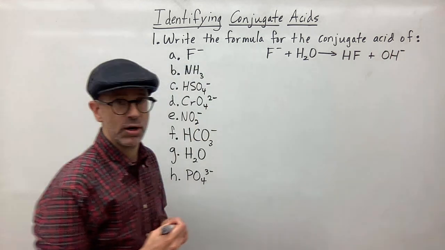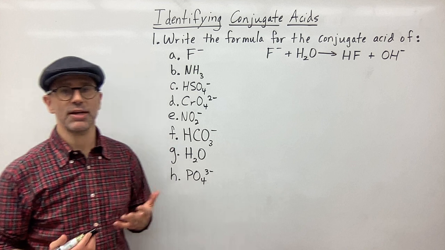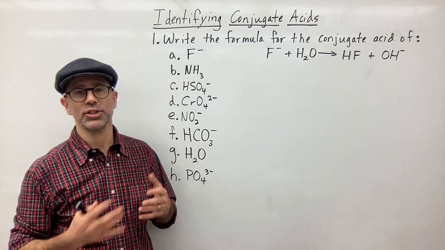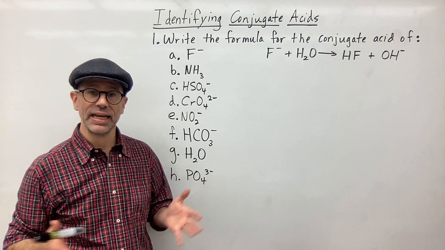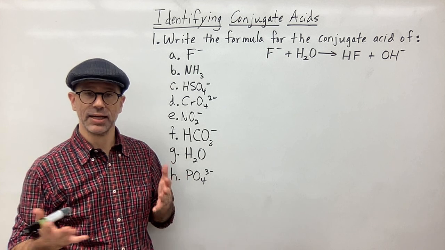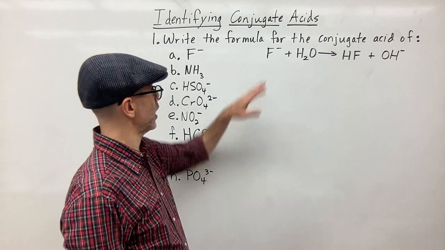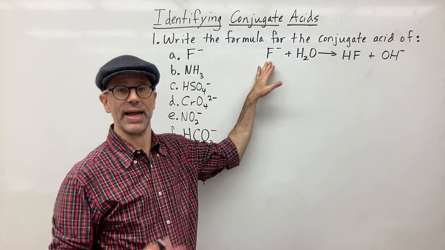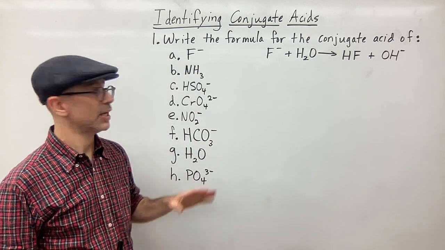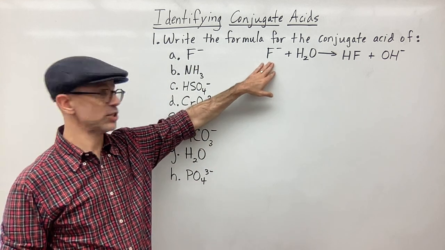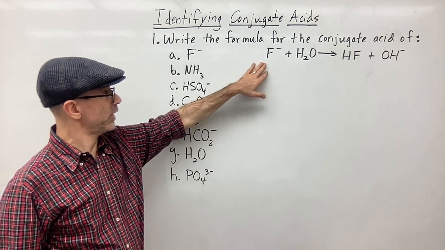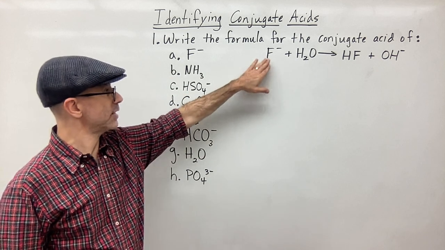Remember the Arrhenius definition of a base is something that increases the hydroxide ion concentration. And here we have that happening. So the fluoride ion acts as a base in this situation.